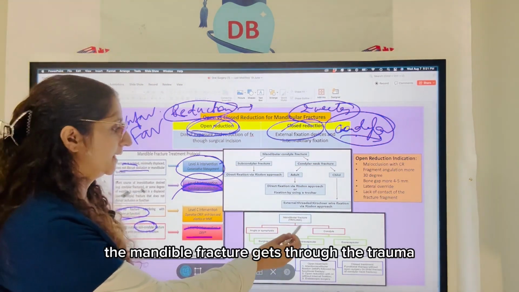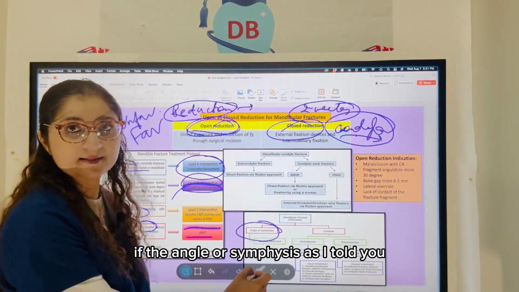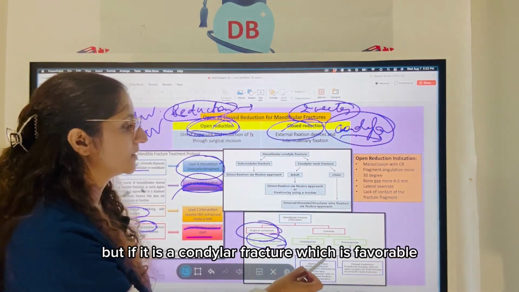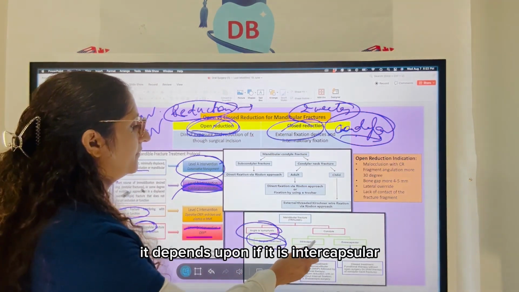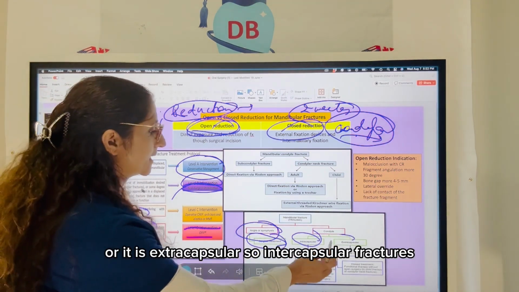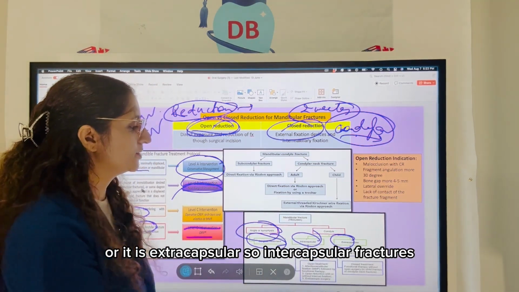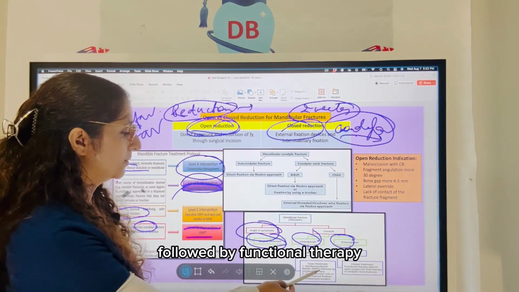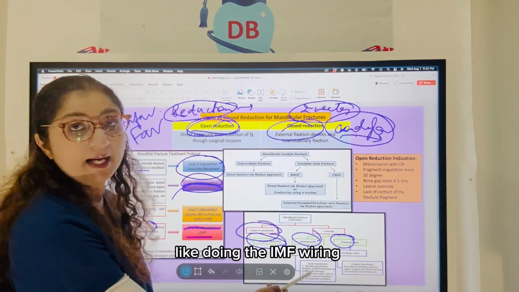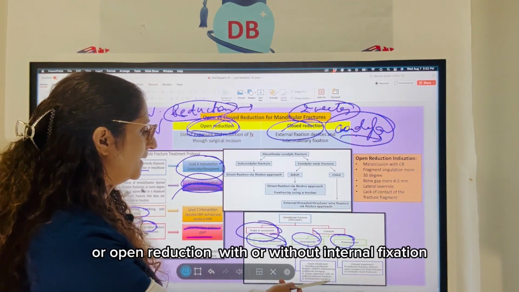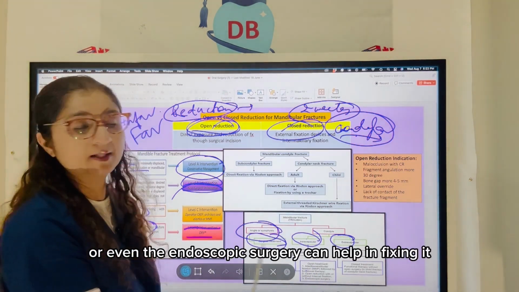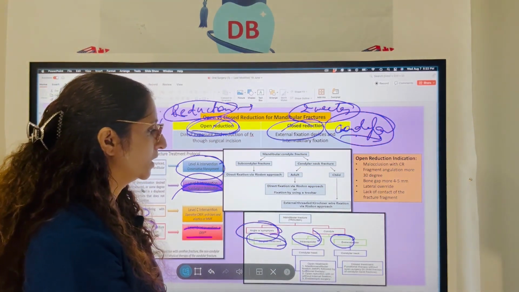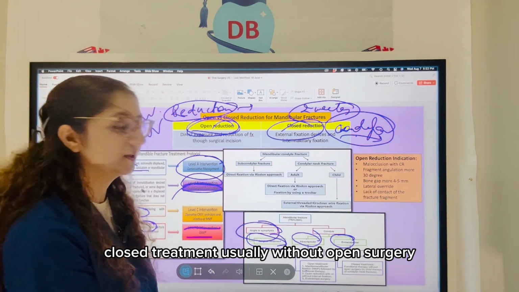Mandibular fracture, if it gets through trauma, if at the angle or symphysis, as I told you, you need the surgical treatment, that is the open reduction. But if it is a condylar fracture which is favorable, it depends upon whether it is intracapsular or extracapsular. Intracapsular fractures mainly affect the condylar head; you can do open treatment followed by functional therapy like IMF wiring, or open reduction with or without internal fixation, or even endoscopic surgery can help in fixing it.